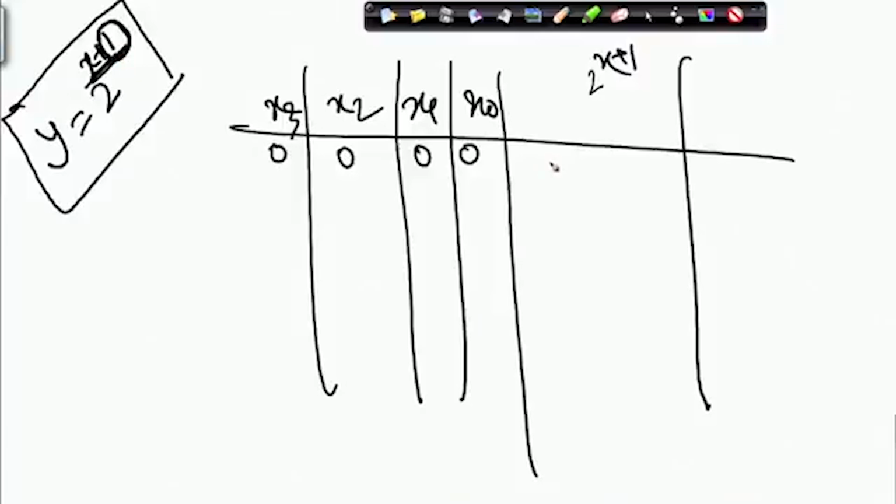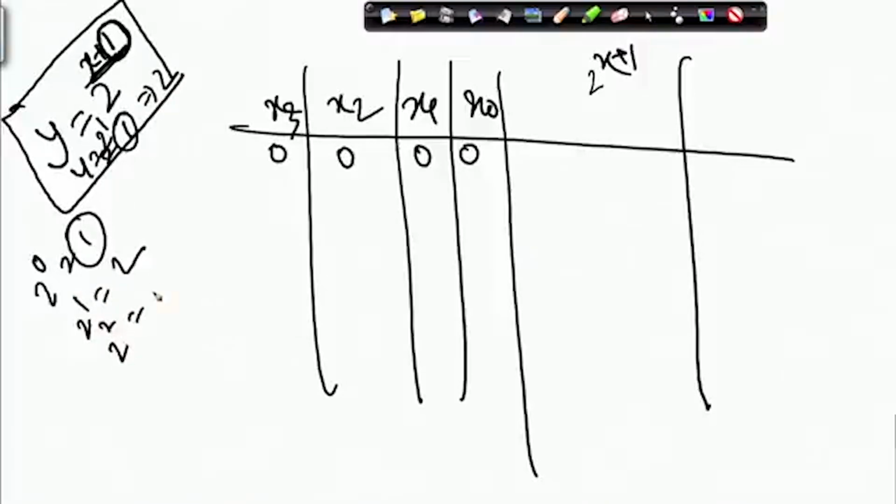Initially, when we find 2 to the power x, at 0 it started from 1, because 2 to the power 0 is 1. Then 2 to the power 1 is 2, 2 to the power 2 is 4, 2 to the power 3 is 8, and it followed like this.